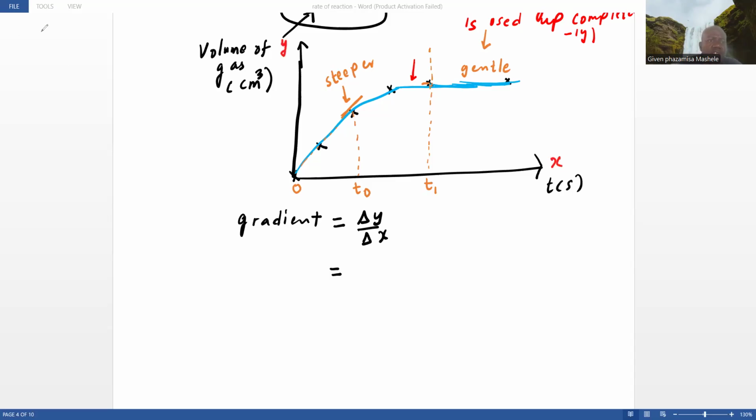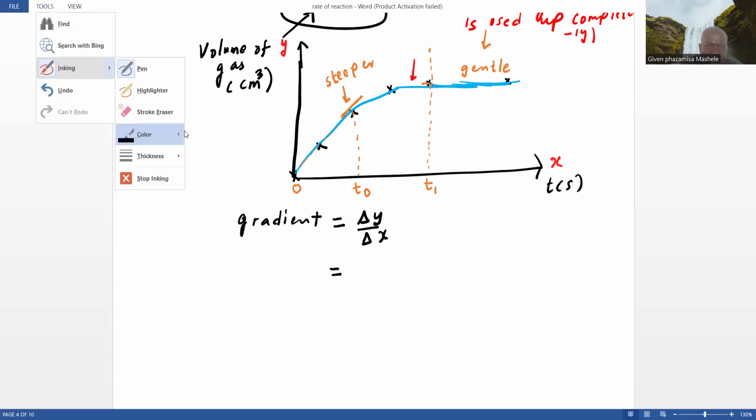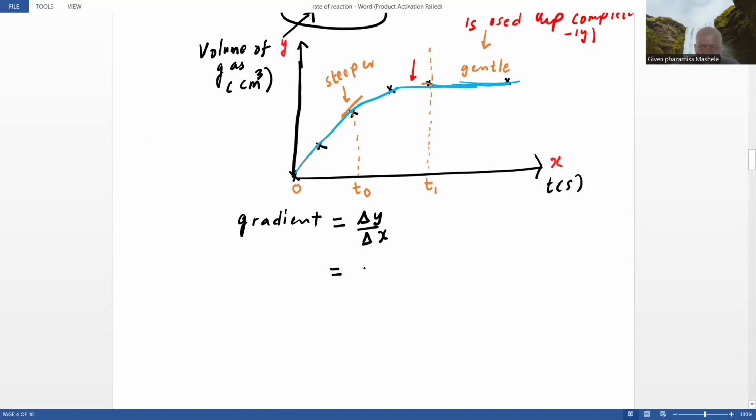So let's now determine the gradient. In determining the gradient, we say change in y over change in x. So the change in y will be the change in volume, and the x will be the change in time.